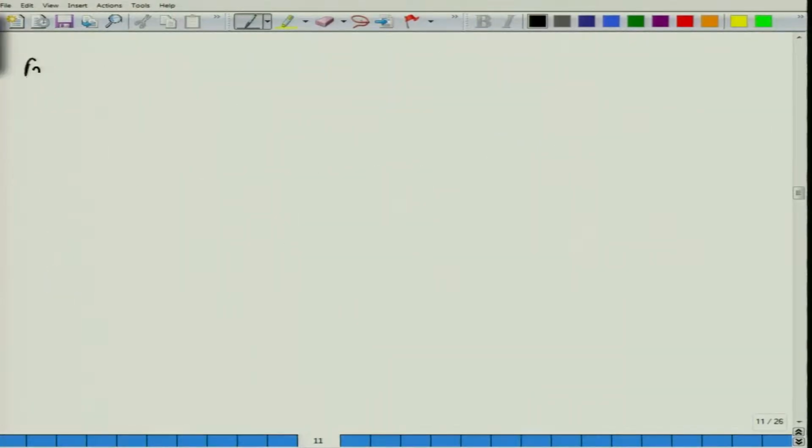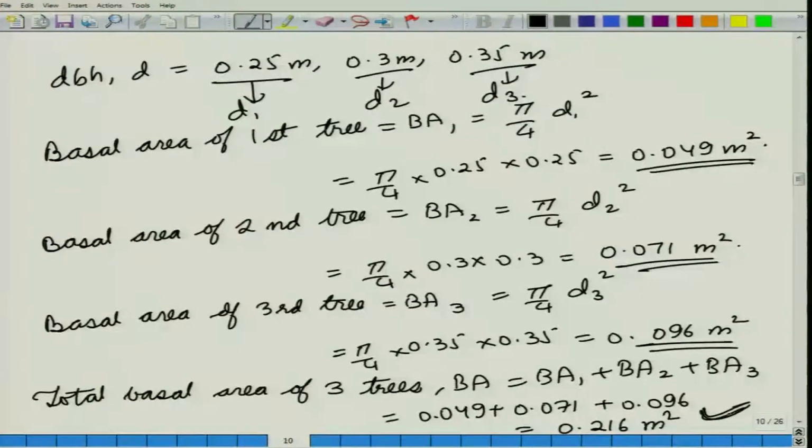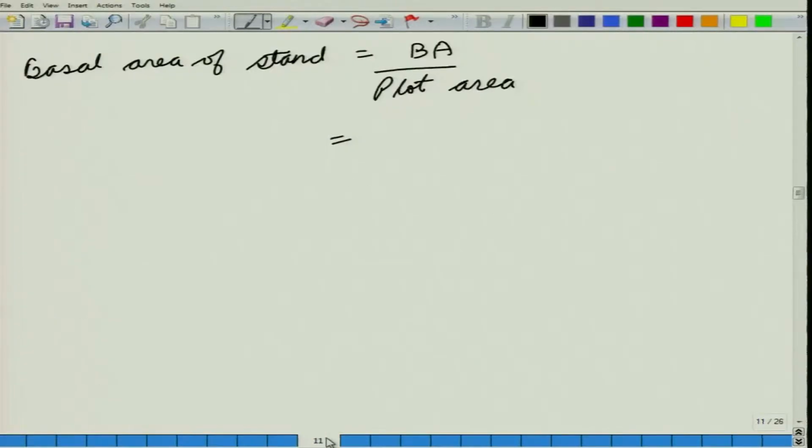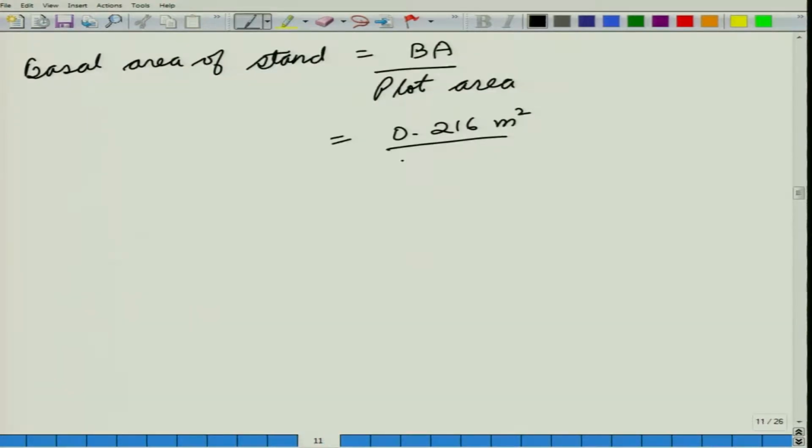So now the basal area of stand is given by the basal area divided by the plot area. Now basal area we have found to be 0.216 square meters, divided by the plot area that we have calculated to be 0.01 hectares.